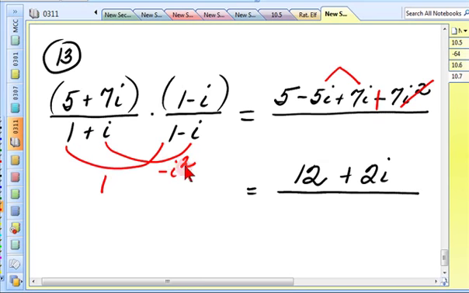So, what's the opposite of i squared? Well, it is the opposite of negative 1, which is positive 1. So what is the denominator? It's 2.